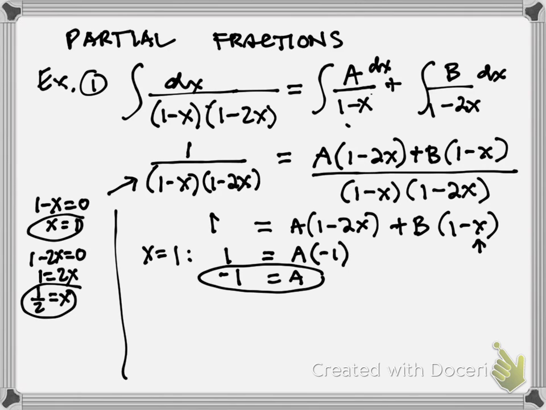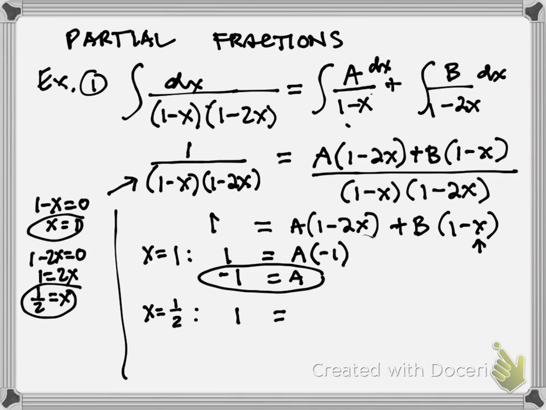Now, for the second value of x that will make the denominator 0, I'm now going to plug it in. So my equation is 1 equals, plugging it into the 1 minus 2x on this part, plugging in 1/2 there becomes 1 minus 1, so the a basically disappears. Now let's plug it in on the b part.